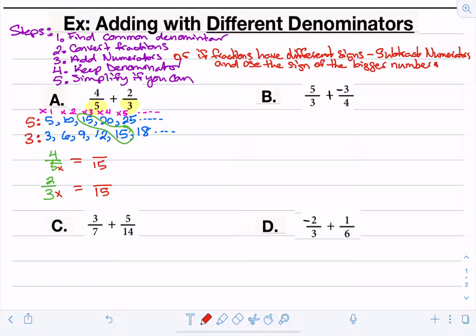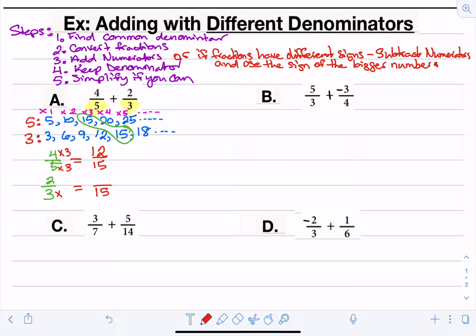So in 5's case, 5 times 3 gives us 15. And whatever we do to the bottom, we have to do to the top. So if we're doing 5 times 3 to get 15, we have to do 4 times 3 on the top, and that's 12.